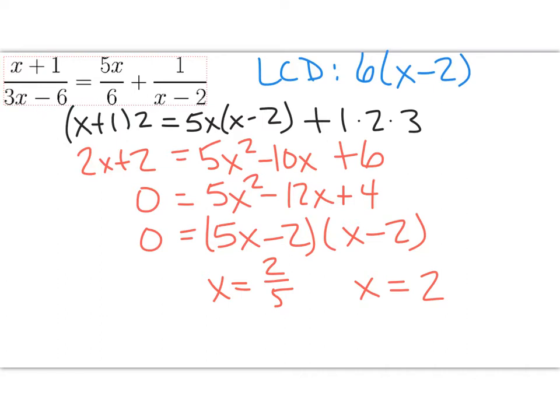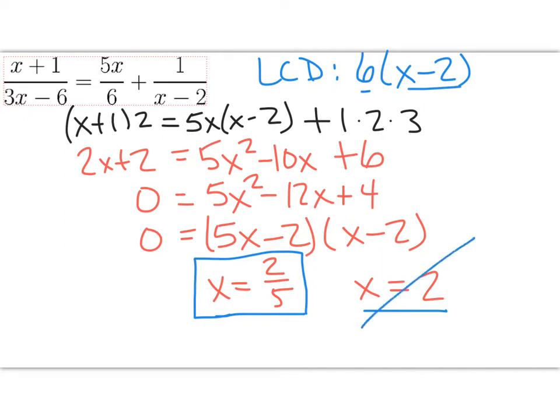If we replace x with 2/5, the least common denominator will not be 0. We don't care what it is, as long as it's not 0. So 2/5 is good. The problem is if we replace x with 2, then we would have 6 times 2 minus 2, or 6 times 0, which is 0.